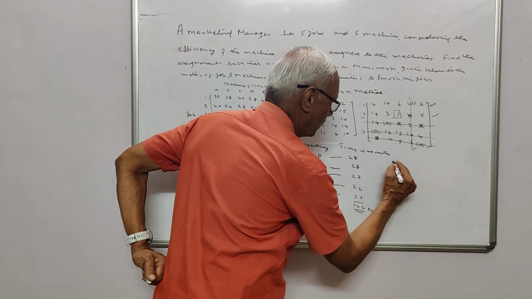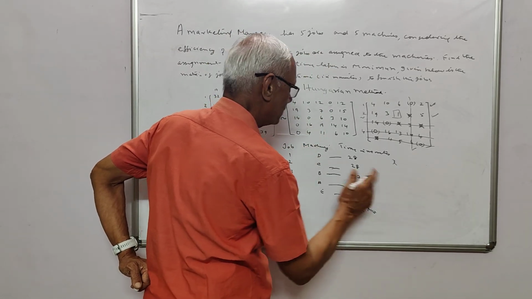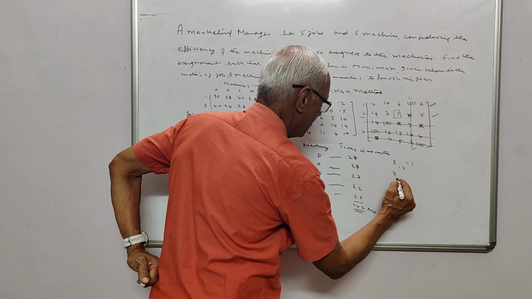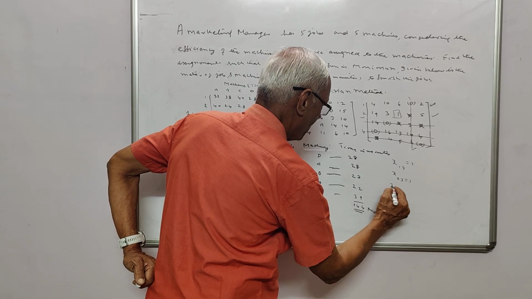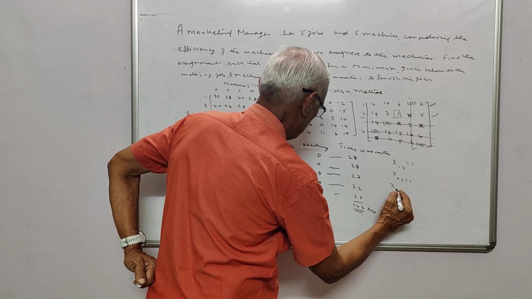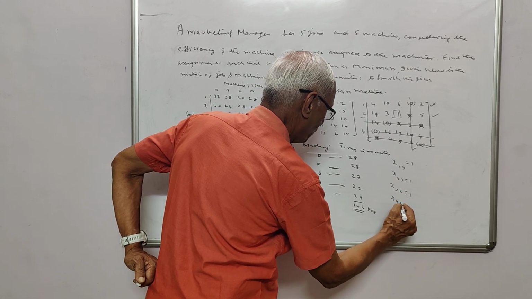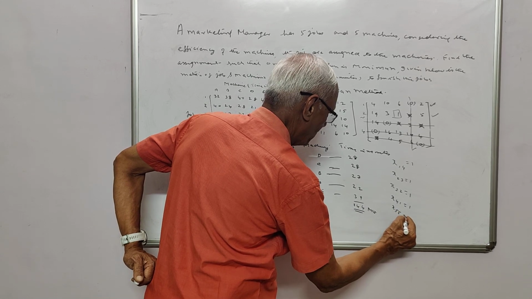Here, this is x14, x14 is equal to 1. And x23 is equal to 1. And x32 is equal to 1. And x41 is equal to 1. And x55 is equal to 1.